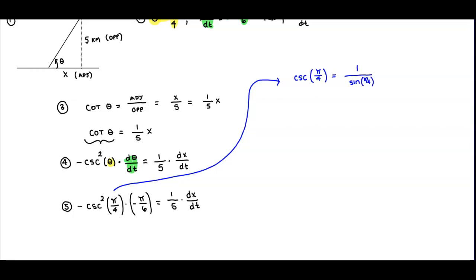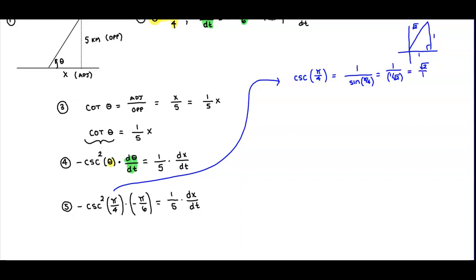Remember that we're dealing with a 45, 45, 90 triangle, so we have 1, 1, and the square root of 2. So this is going to equal 1 over 1 divided by the square root of 2, which is equal to the square root of 2 over 1.